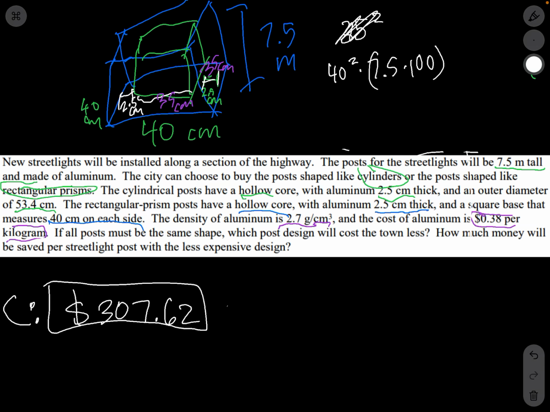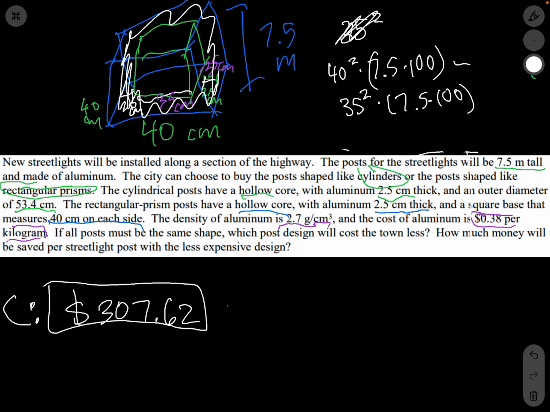Then we subtract the volume of the smaller rectangular prism, which is 35 squared times 7.5 times 100, and that will get us the actual post itself.